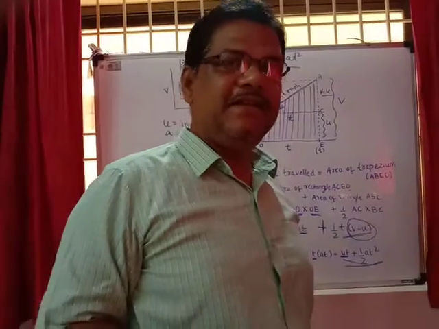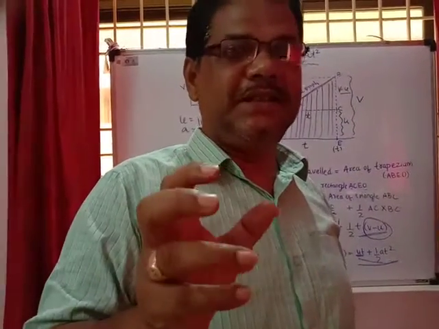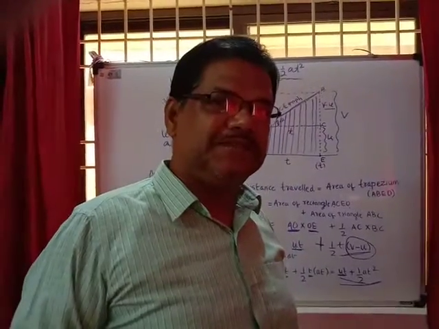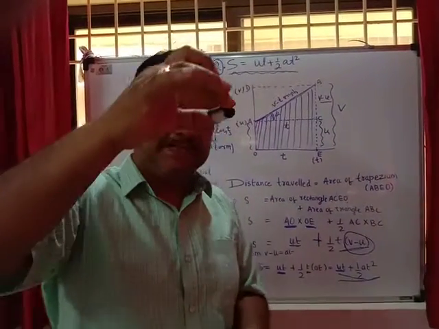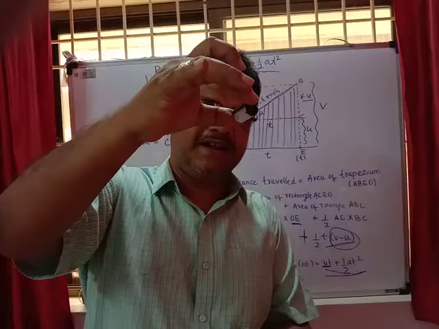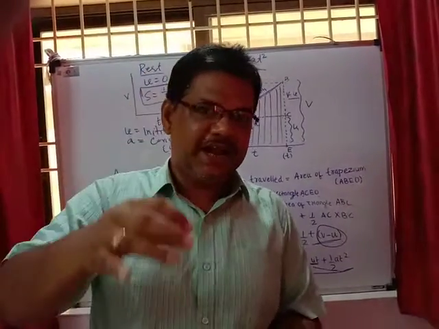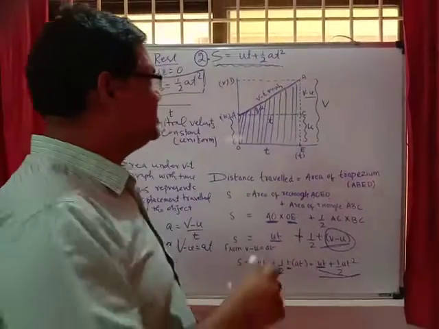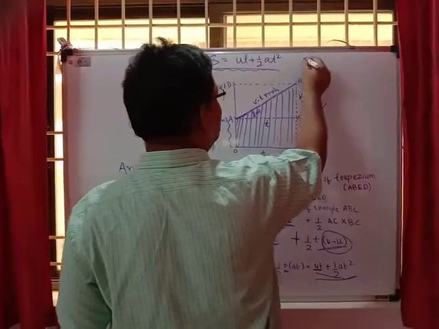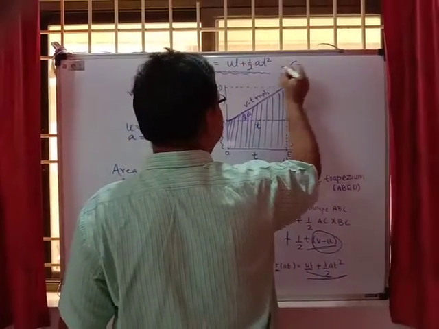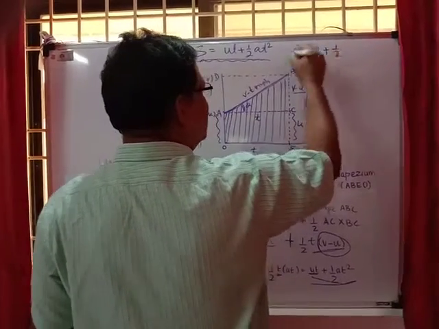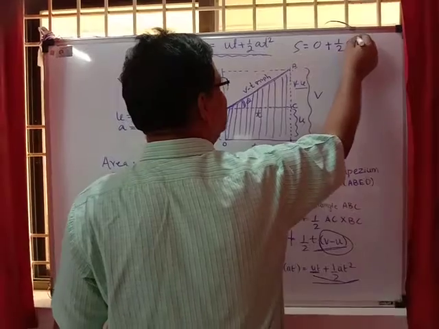In the same manner, if the object is falling freely under gravity, the initial velocity is 0. So the equation becomes s equal to 0 plus half into g into t square.